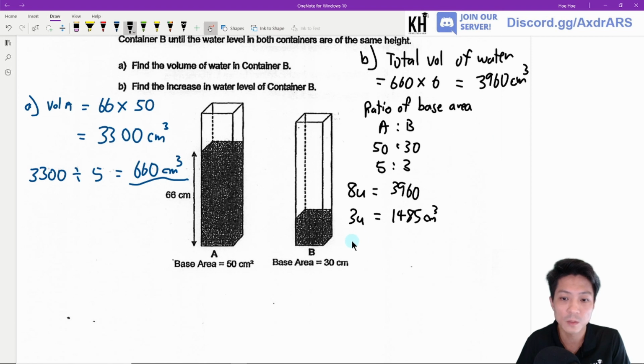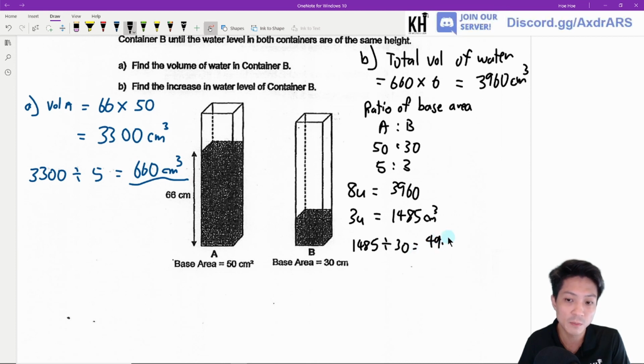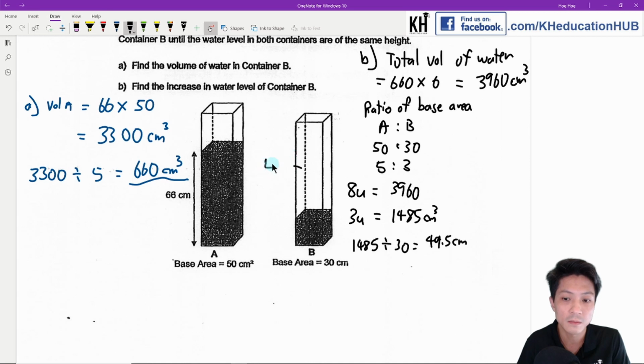If I use 1485 divided by the base area of B, I know that it is 49.5 cm. But this is the height, and they want the increase in water level in container B.